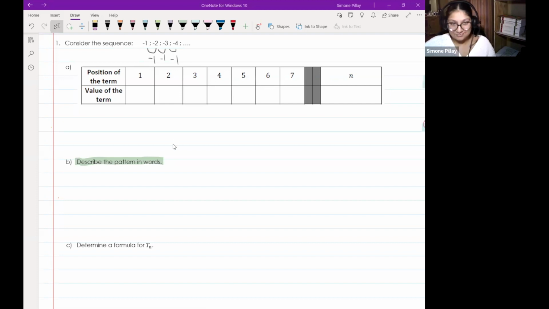But do you have the answer for us? Yes, ma'am. You subtract 1 to get to the next term. 100%. Can you give me another way to describe it? You add 1 to get to the next term. Not add 1. We are adding something, but it's not 1.